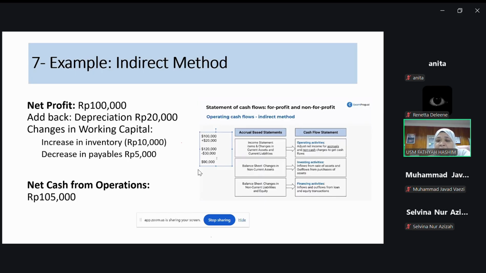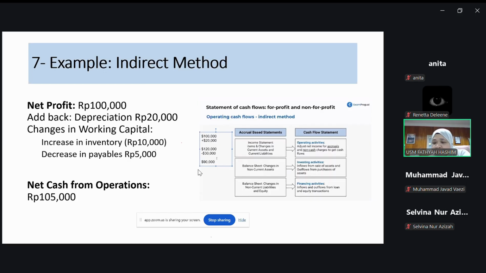So for the financing and investing activities, whether you are using direct or indirect, it is actually the same. The only difference when you're using the indirect method is the operating section. The rest are the same.